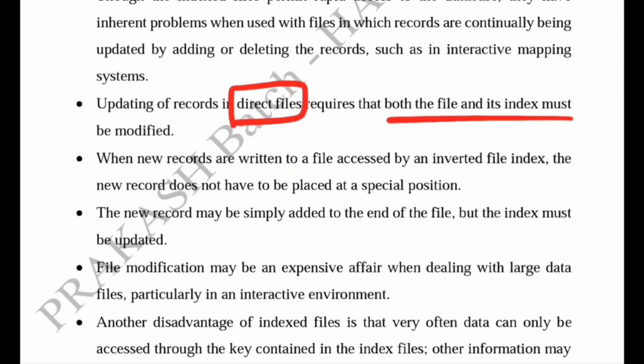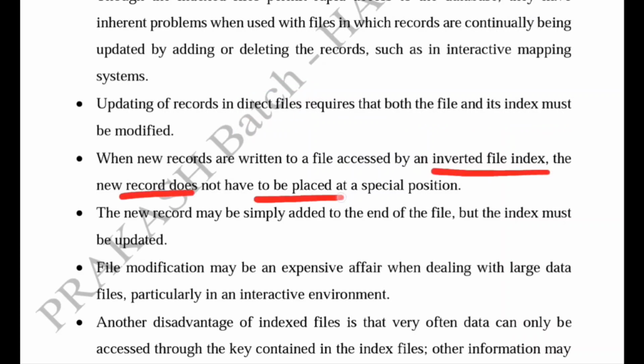But in the case of an inverted file index, a new record does not have to be placed at a special position, so the new record may simply be added to the end of the file. We can easily put the newly added data at the end of the file; the file itself need not be reorganized, but the index must be updated.